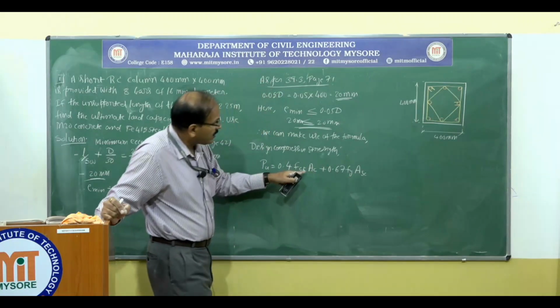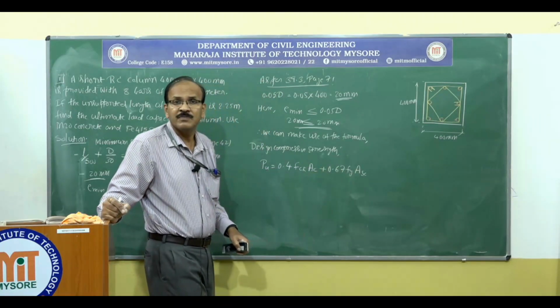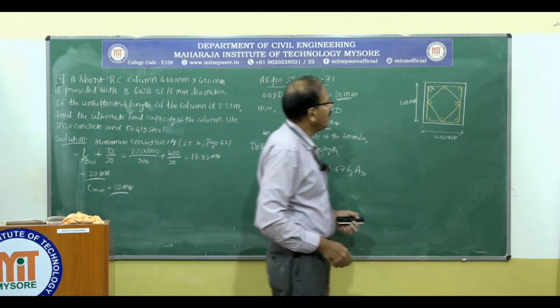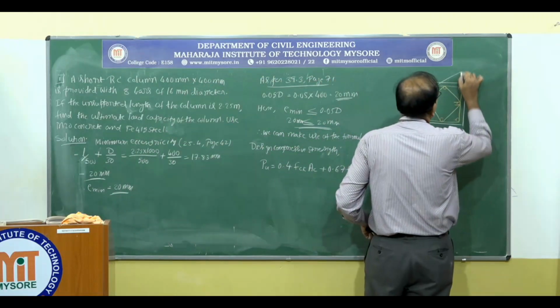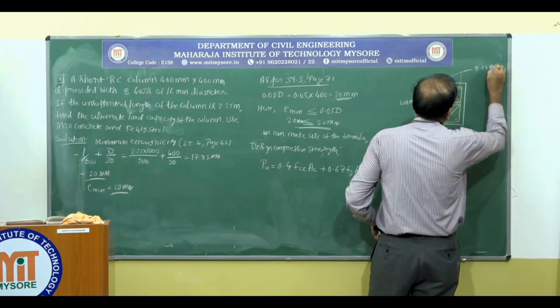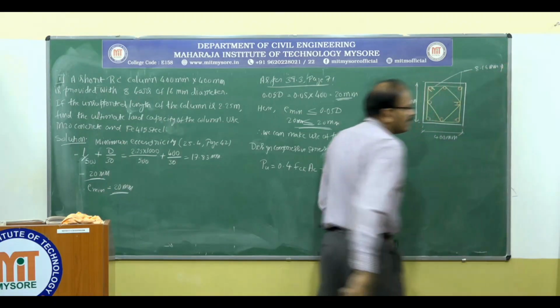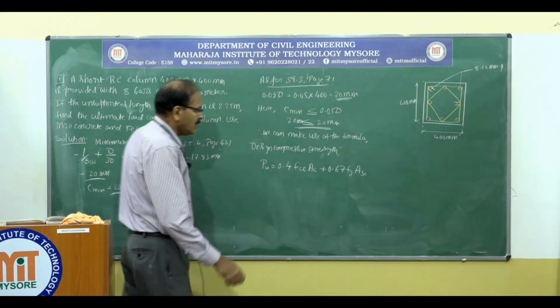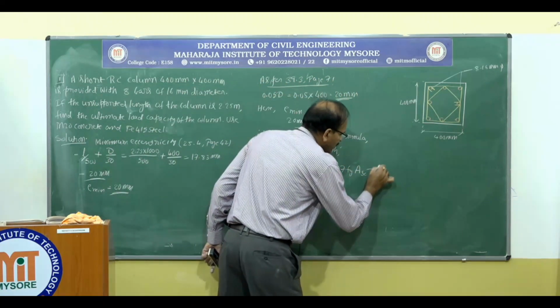So let us find out what is the area of steel first. How many bars we have? We have 8 bars of 16 mm dia. So let me call this equation 1.